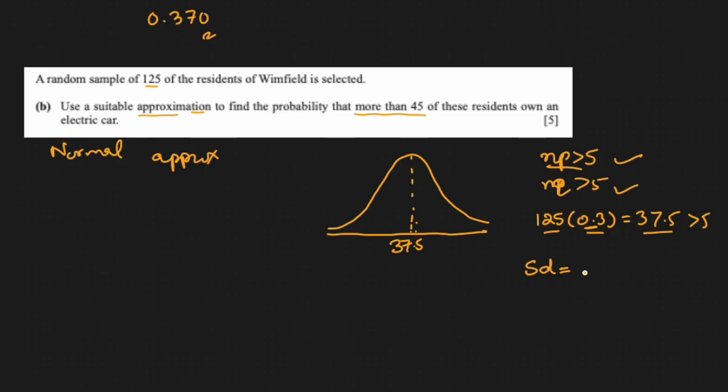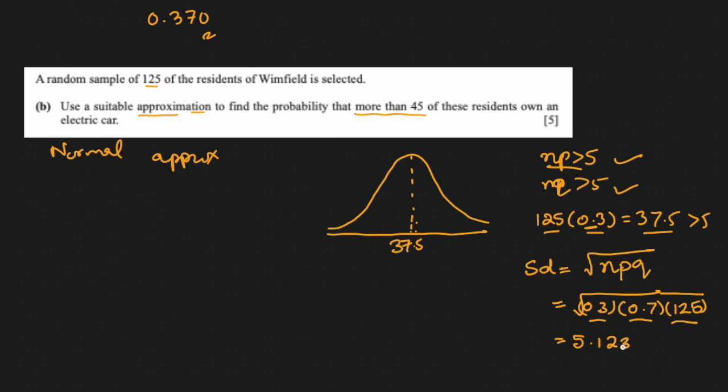Standard deviation is the square root of variance, which is NPQ, so 0.3 times 0.7 times 125. It comes out to be 5.12347, so I'll write 5.1235 and use this as the standard deviation.